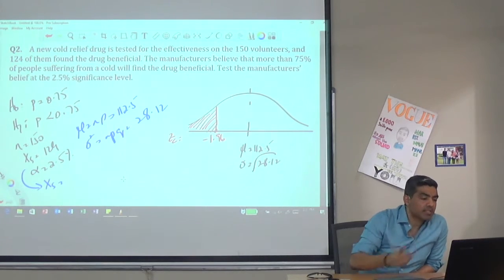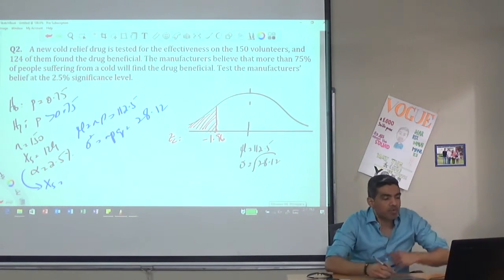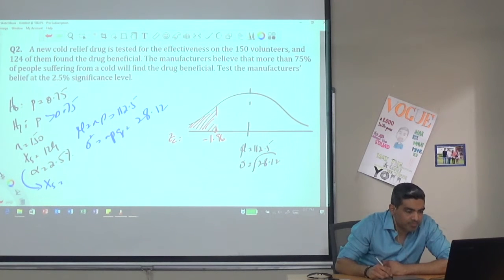Sorry, I think I'm using the alternative hypothesis P greater than 0.75. The rejection region is on the right.